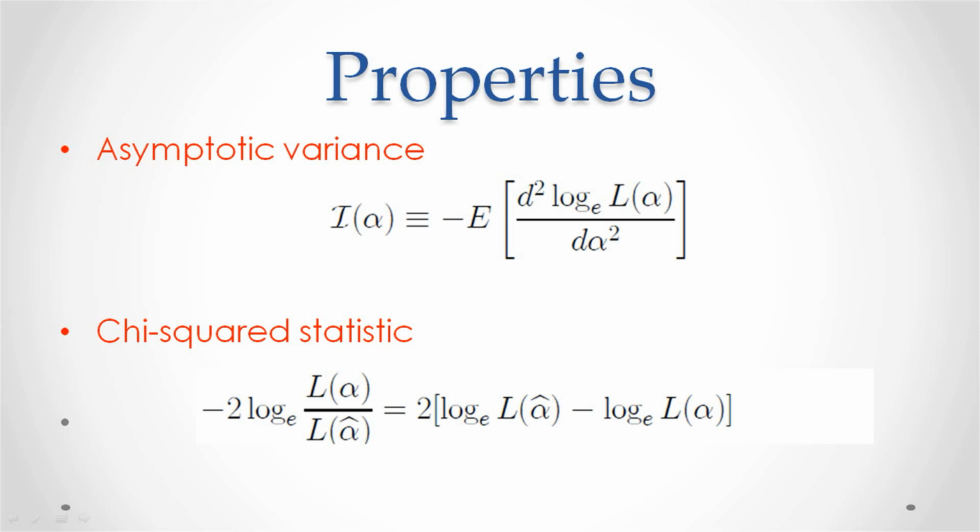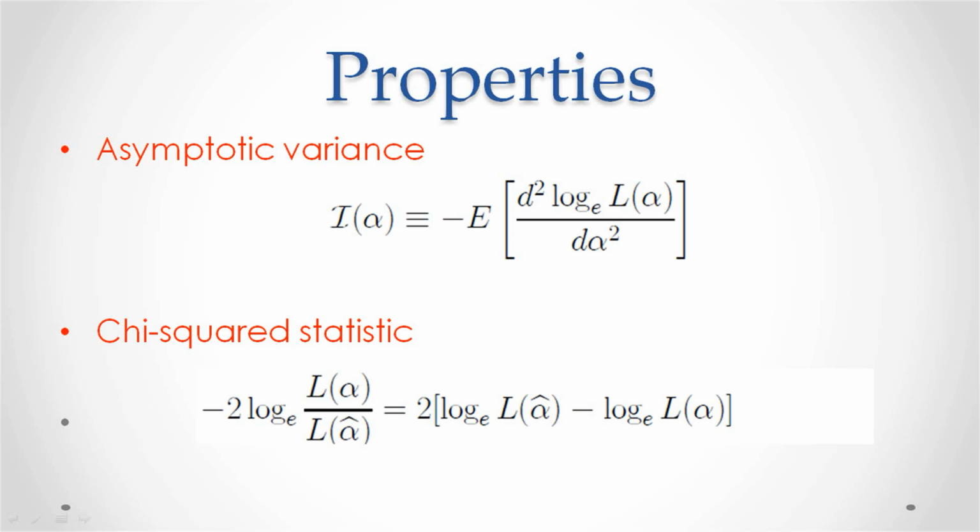We can also define the likelihood ratio corresponding to a distribution. So minus 2 log of L alpha over L alpha hat, where alpha is some pre-specified value and alpha hat is our maximum likelihood estimator, is equal to twice log L alpha hat minus log L alpha, and it is well known that this follows a chi-squared distribution and can be used for the purposes of inference.